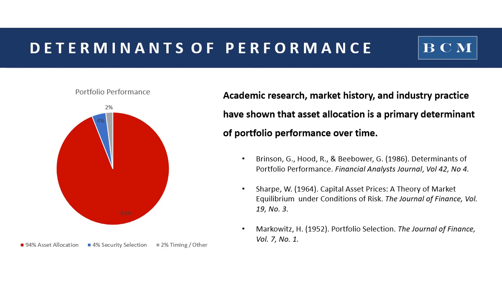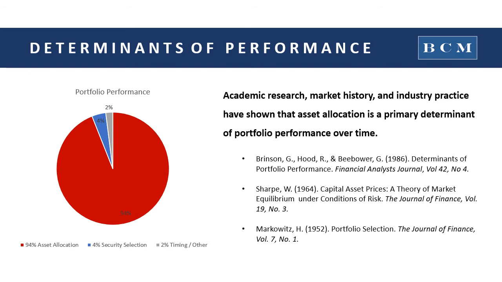Now, the BHB study, that was possible because of earlier research done by other people like Dr. William Sharpe and Dr. Harry Markowitz, who were some of the founding fathers of modern portfolio theory, of MPT. They actually won the Nobel Prize in financial economics for their work. I referenced their seminal studies here on this page so that you can look them up if you want.